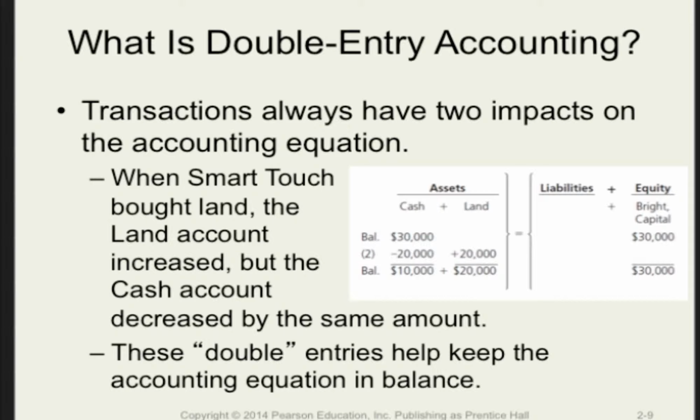When we entered information for one part of the transaction, it caused the accounting equation to be unbalanced until we entered the equal but opposite information somewhere else in the equation. For example, when Smart Touch purchased land for $20,000 cash, we first recognized that cash decreased the asset side of the accounting equation. We rebalanced the equation by increasing land by the same amount.